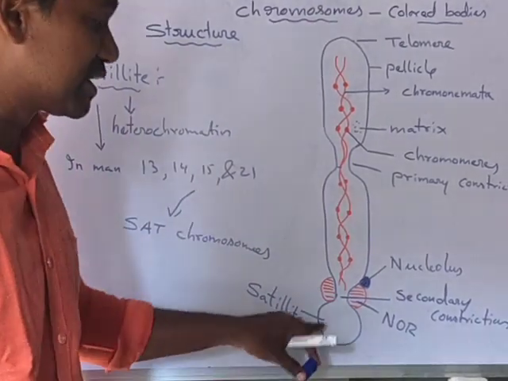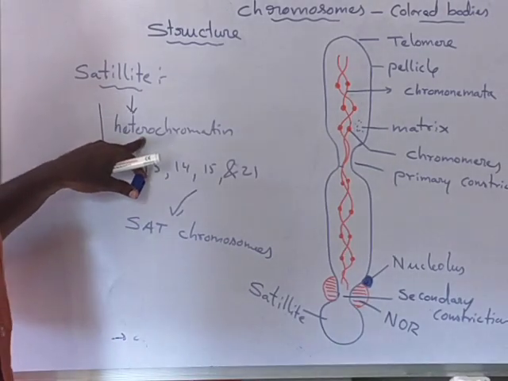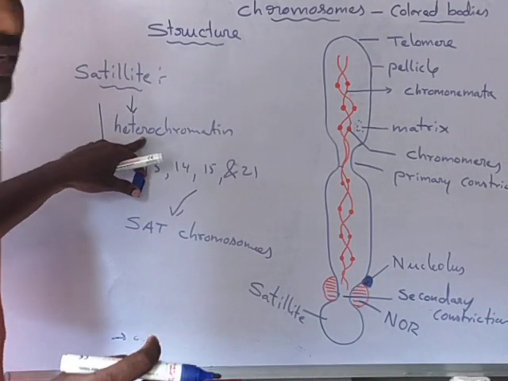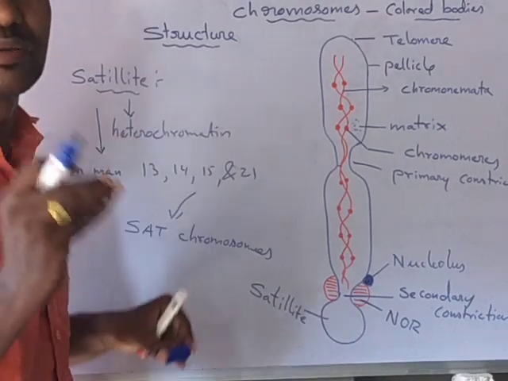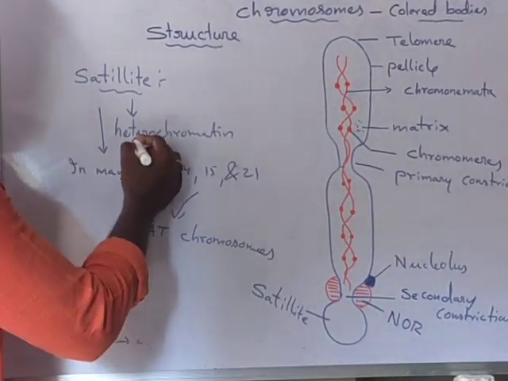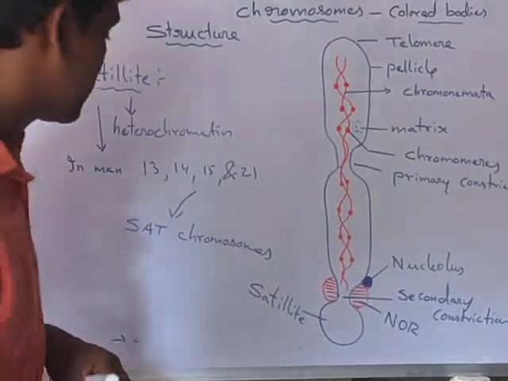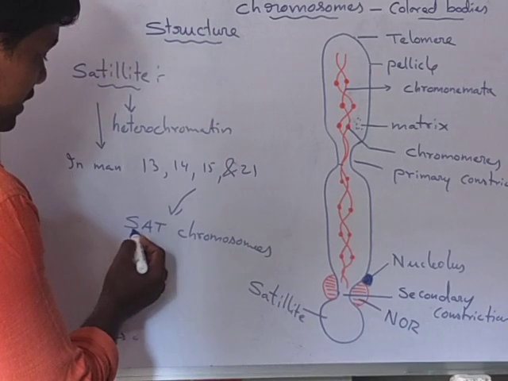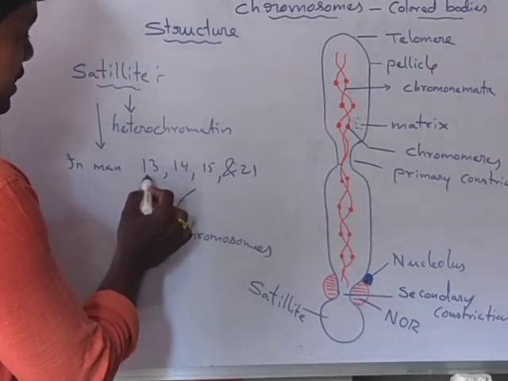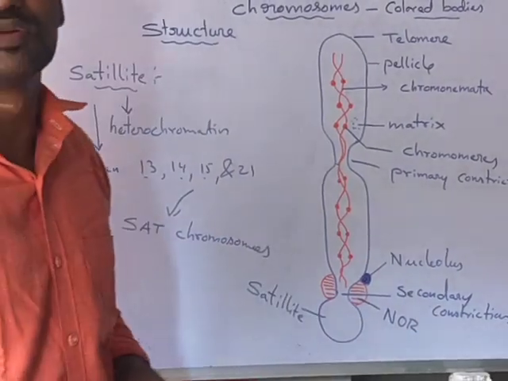The satellite portion contains heterochromatin, with repetitive DNA, which is not involved in the transcription process.